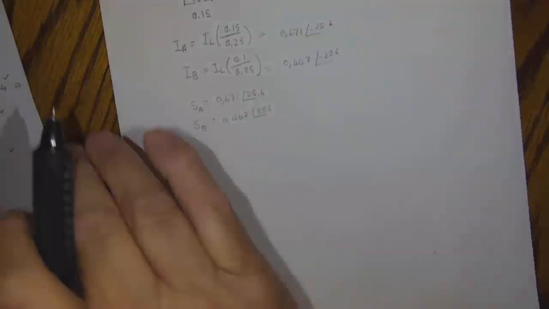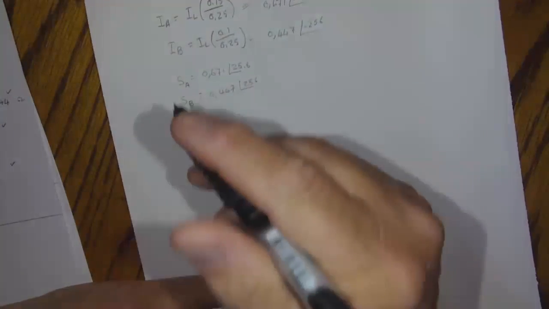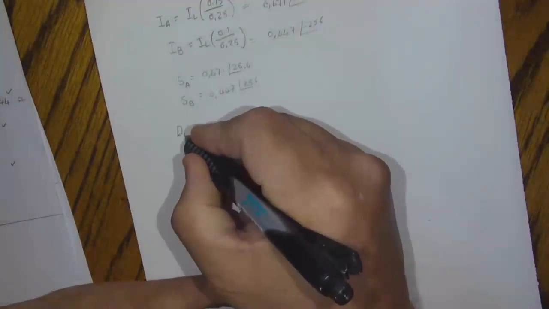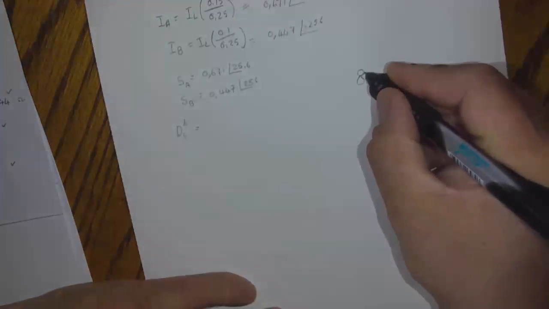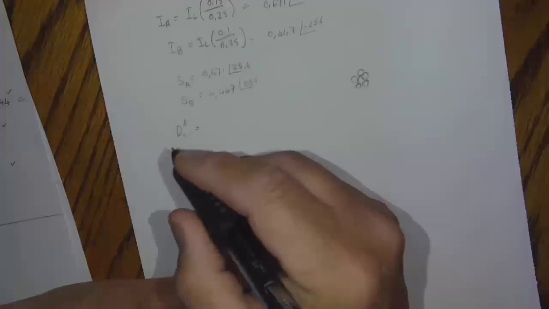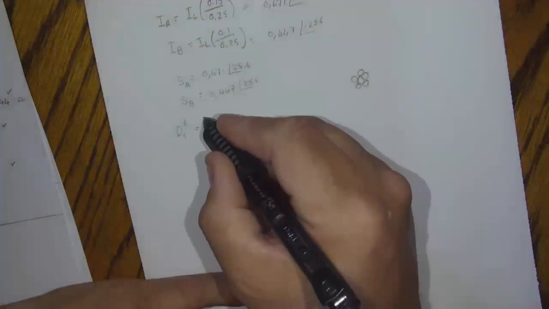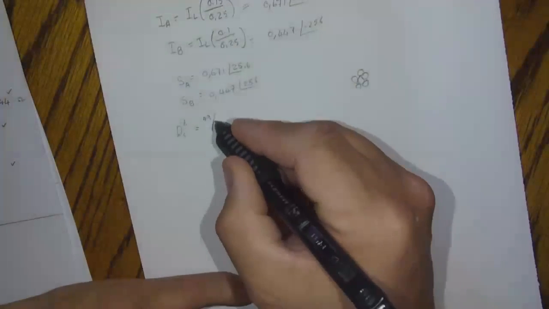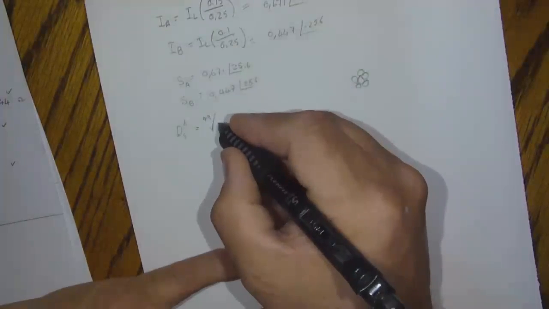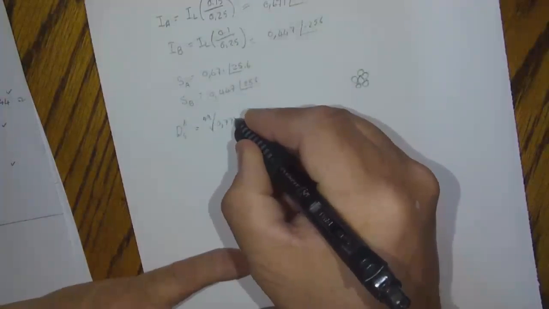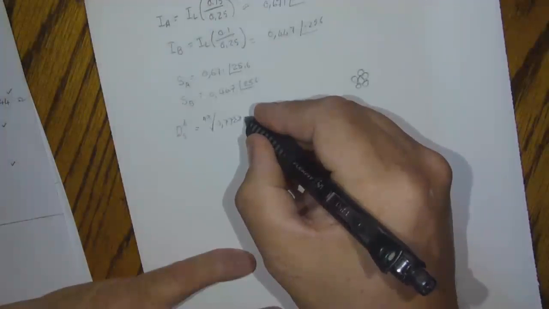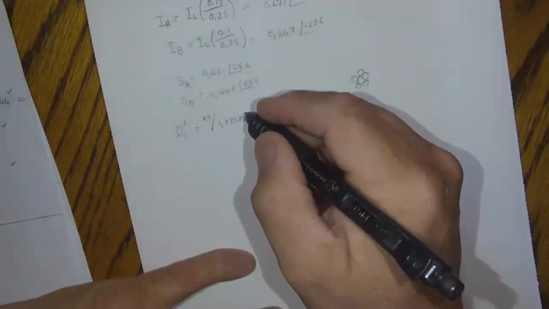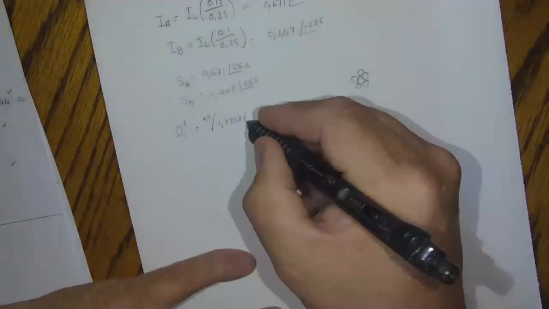Most of you got that right, except for a few things. DS of the bundle, that was for the 7 strands. You got that right, is this 49th root of 0.7788 r squared, and the radius was 5 millimeters.